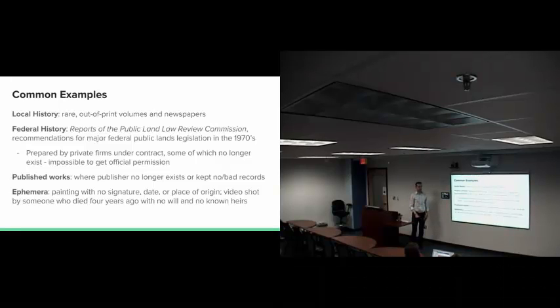Those are really notorious examples of works for which it's almost impossible to tell who owns the rights. Video footage as well, home videos and things like that, shot by people who might have passed away with no will and no known heirs. It's really, really difficult to determine who owns the rights.